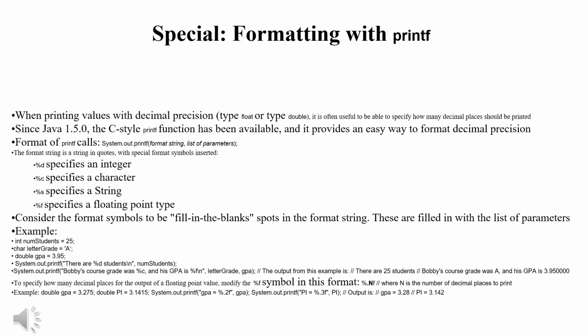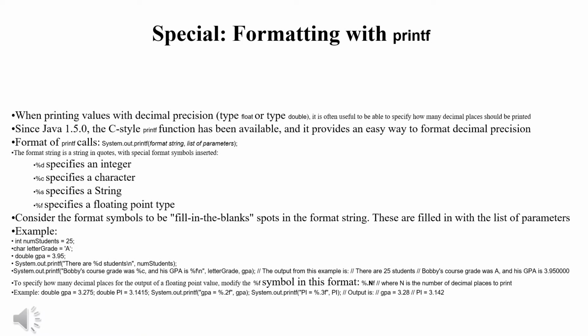So let's see how I can print this message. So I know that I should use printf. So System.out.printf. Open the parentheses. Then I need to write my string inside double quotation. There are students. How many students? 25 students, right?